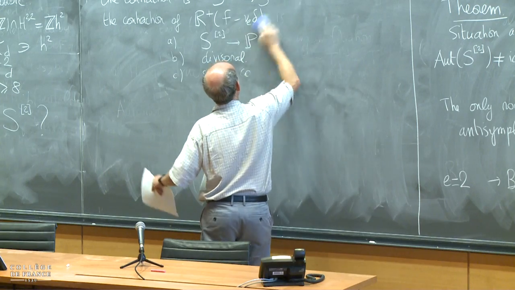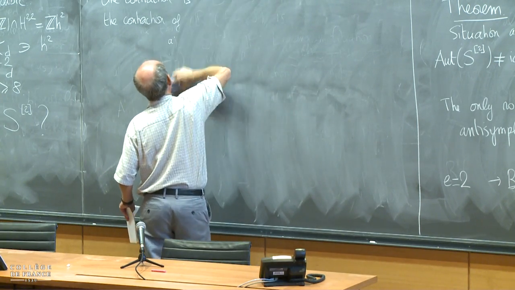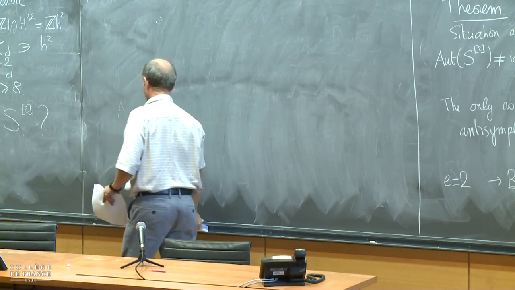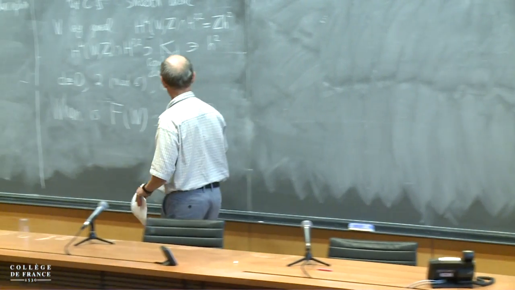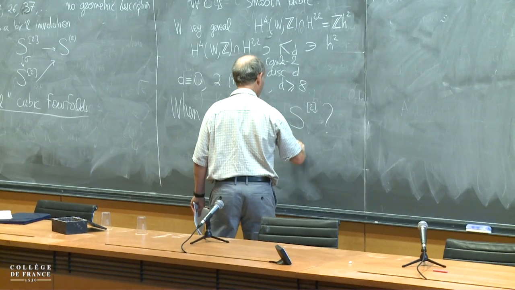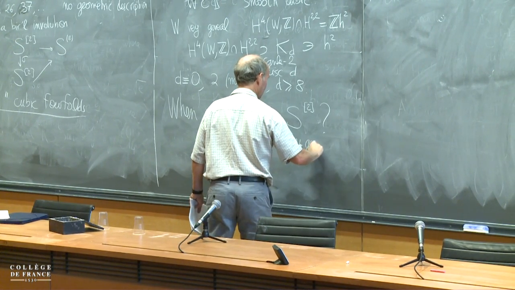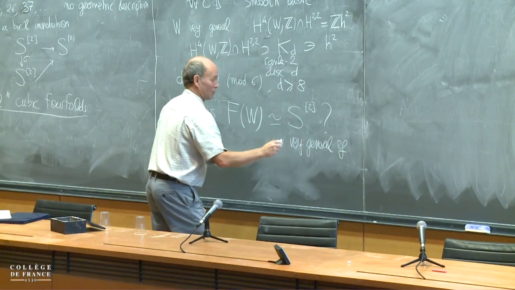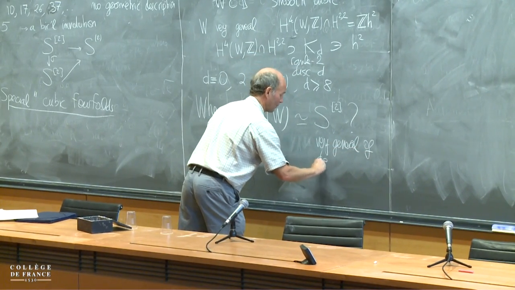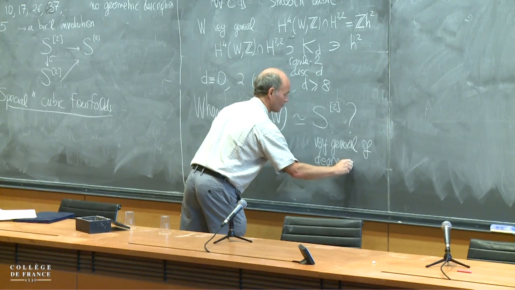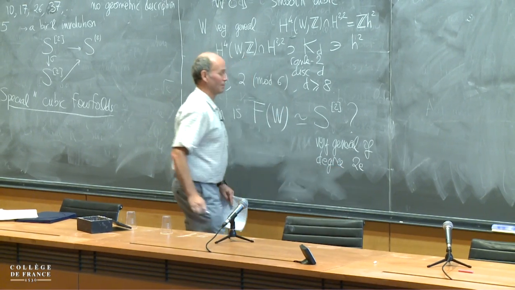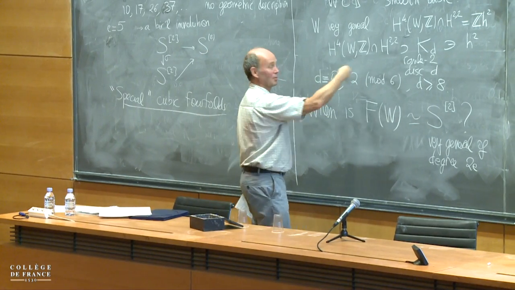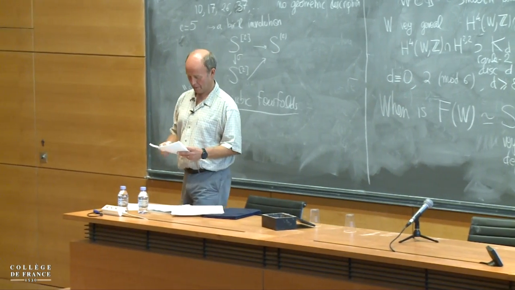More specifically, I want this isomorphism to hold for S general or very general, with Picard number 1 of a certain degree E. And here also I want W to be general in this Hassett divisor.